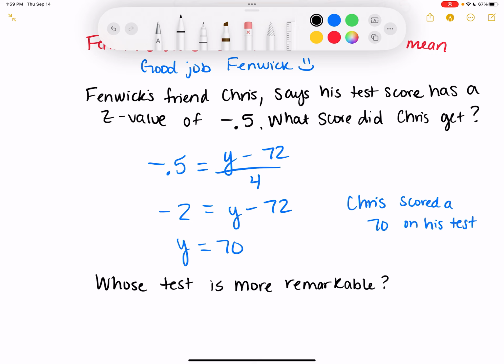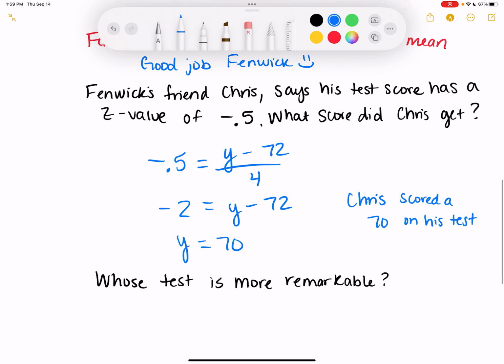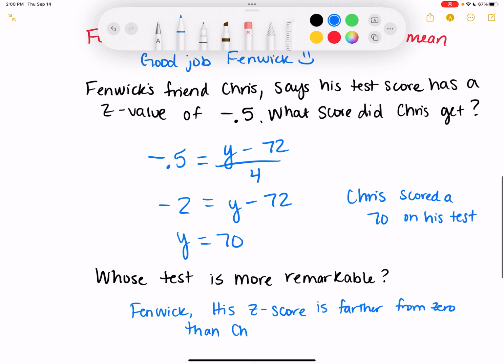It would still be Fenwick, because his z-score is farther from 0 than Chris's. Okay, so that's why I said earlier, to be unusual, it's like distance from 0, so you kind of have to think of it more like absolute value.